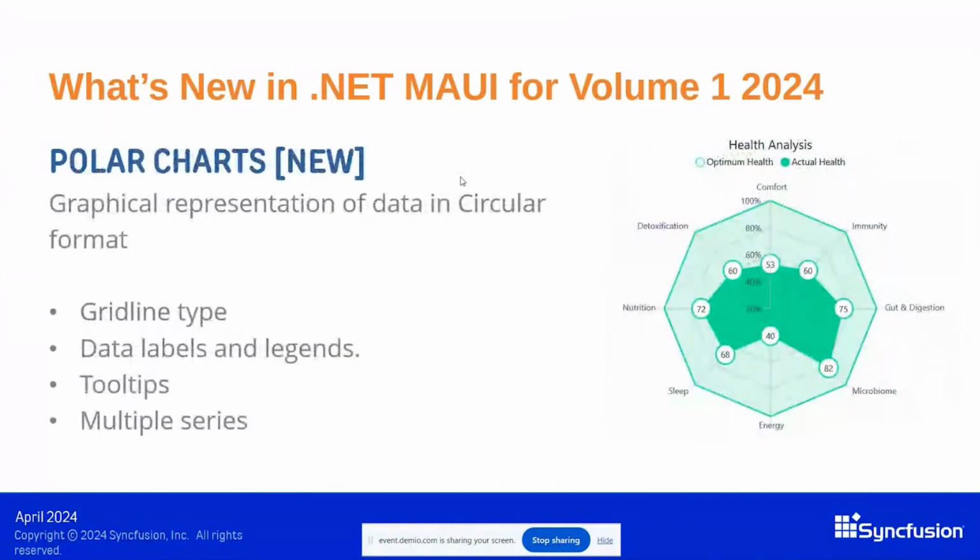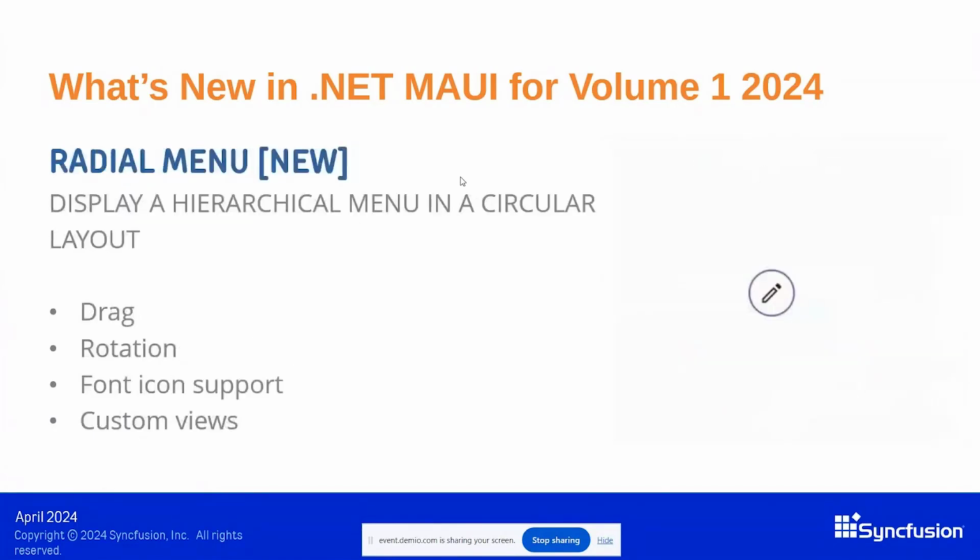We have provided polar charts, which are used to represent data in a circular format. The key features are grid line type, data labels, legends, and tooltips. And we have provided support to add multiple series. A radial menu is used to display a hierarchical menu in a circular layout.